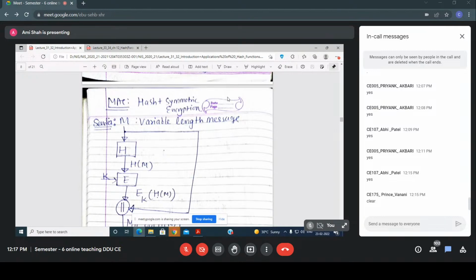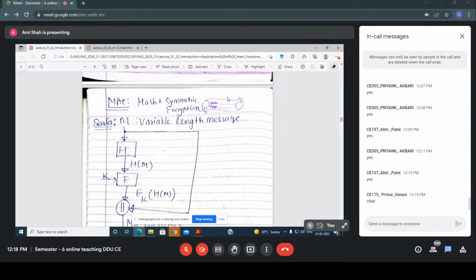I explained one way: let's say some message is there, both parties have a symmetric key, then the message is encrypted with the key, and the message along with the encrypted version is sent to Bob. Now what will Bob do? Bob performs the decryption with the help of that key, and if the messages compare as the same, then you can say that the authentication is done, right? This is one of the ways I discussed in the second lecture to achieve message authentication.